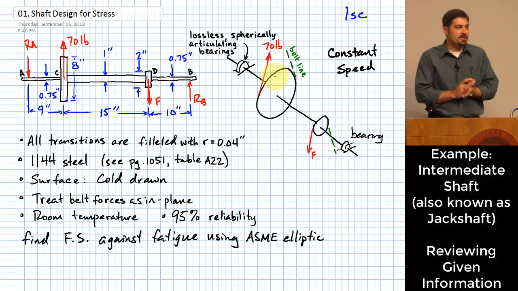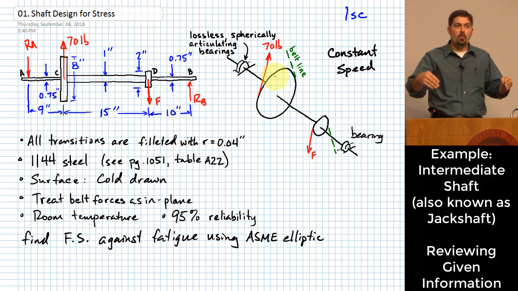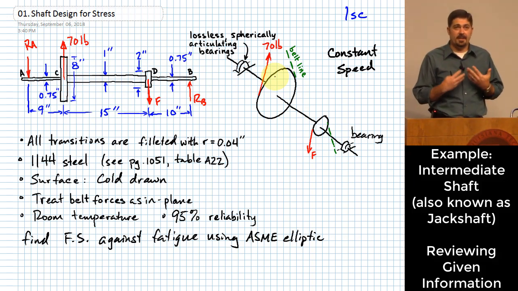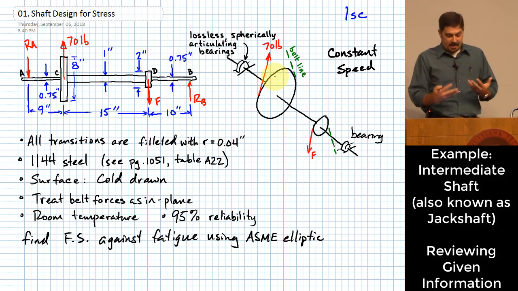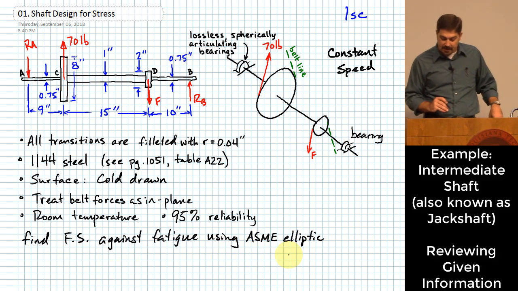This is actually okay to do if what you're trying to do is design, and come up with barriers that help you know where the limits of a particular design might be. In this case, what we're trying to do is determine a factor of safety against fatigue using ASME elliptic.